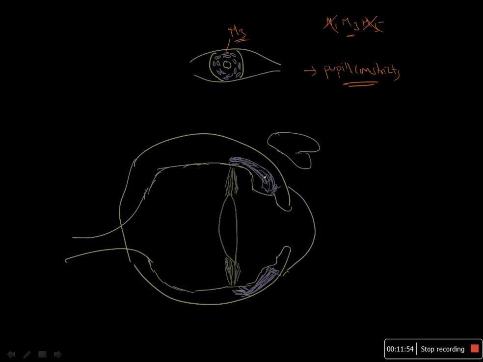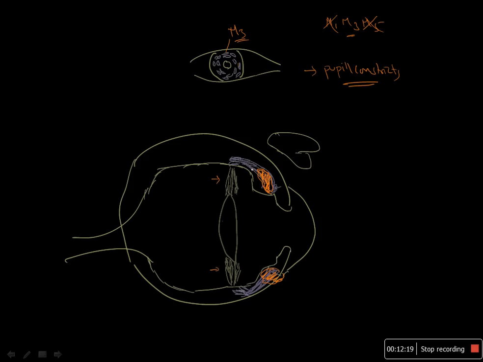Now what happens if your ciliaris contracts? Let's suppose your ciliaris contracts to this position. This was the initial position of the ciliaris, and this is the position of the ciliaris after contraction, right? These are the zonules, and this is the lens.